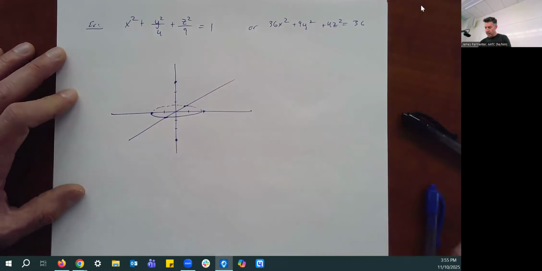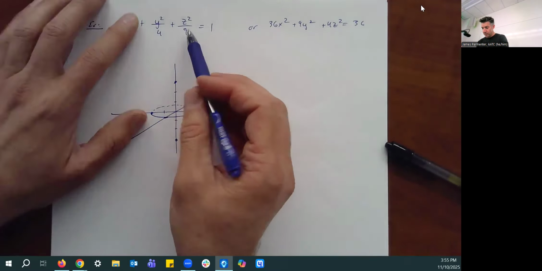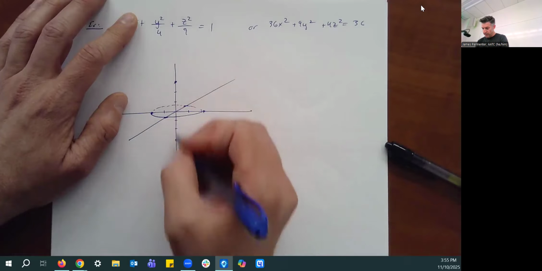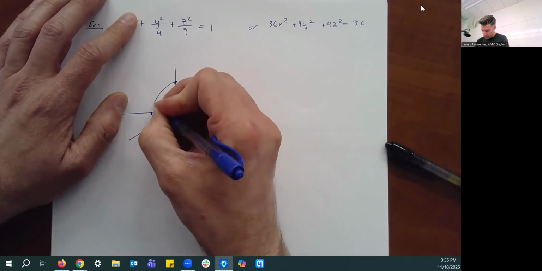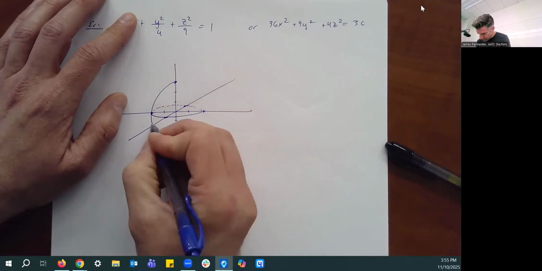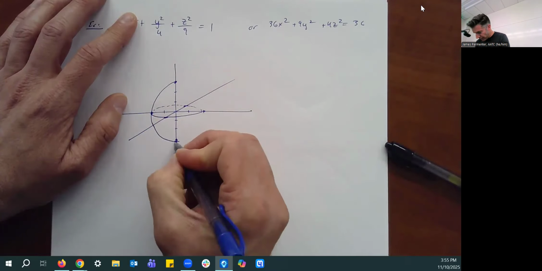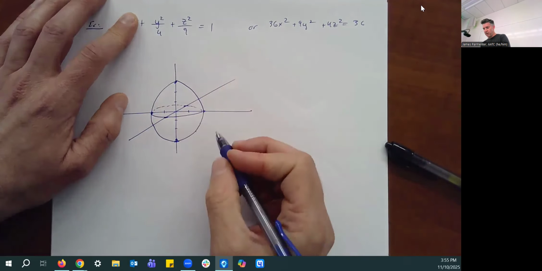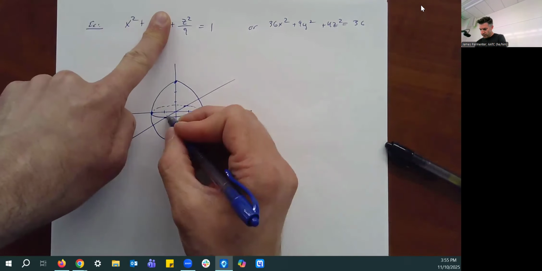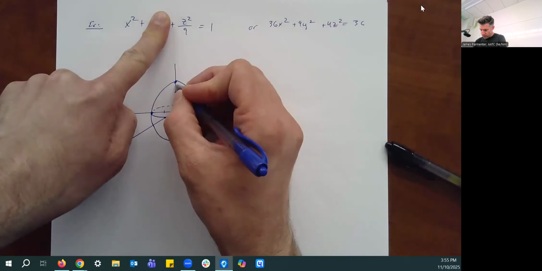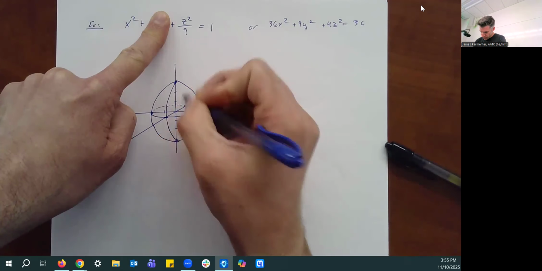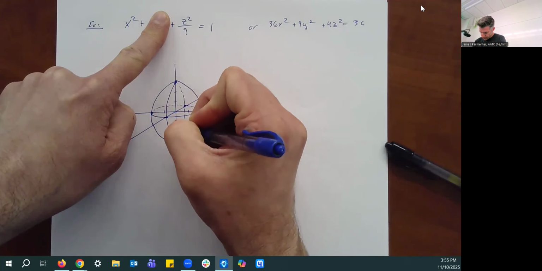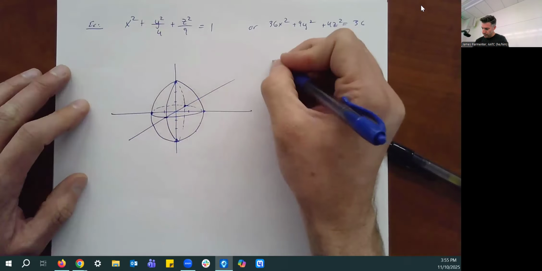My trace in the YZ plane is also the ellipse that goes through the intercepts where Z is plus or minus 3 and Y is plus or minus 2. Come on, James, you can make this happen. Oof, it's a little eggier than I meant it to look. And finally, my trace in the XZ plane is where the X intercepts are 1 and the Z intercepts are 3. This is an ellipsoid.